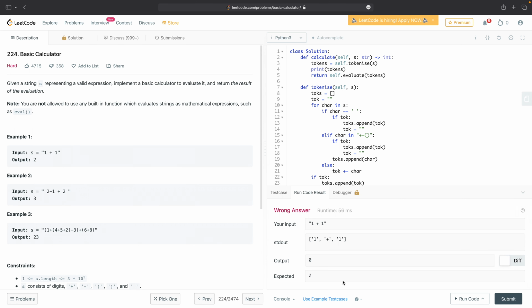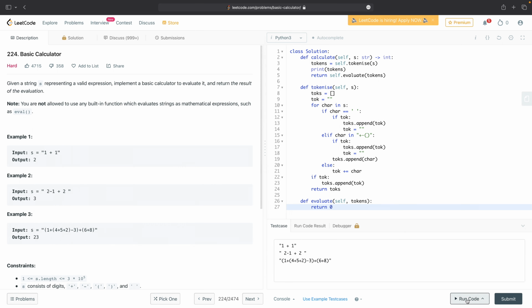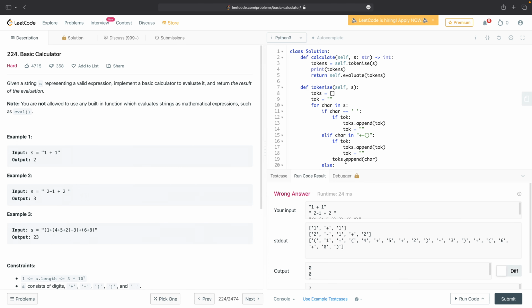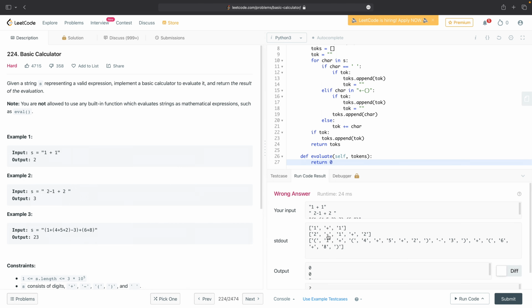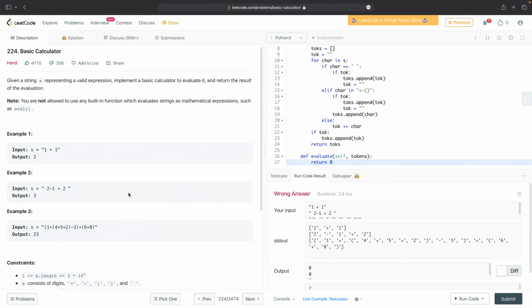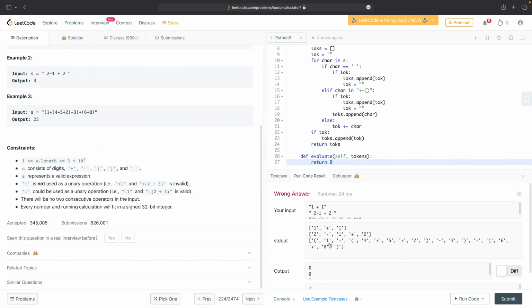So 1 plus 1 breaks down correctly. Two minus 1 plus 2. That evaluates correctly. This is an open paren, a 1 plus 4 plus 5 plus 2. So these ones are all fairly trivial because they just discarded spaces and return things.